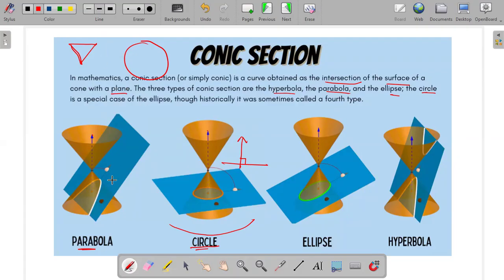The plane is parallel to this side of the cone, so they are going in the same direction. When it cuts through the cone, this shape which is formed is what we call a parabola.